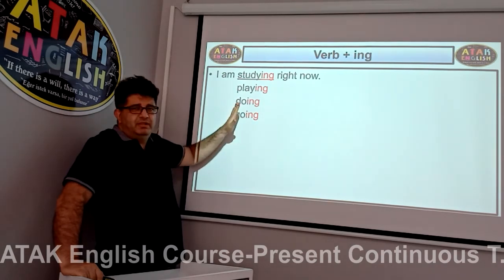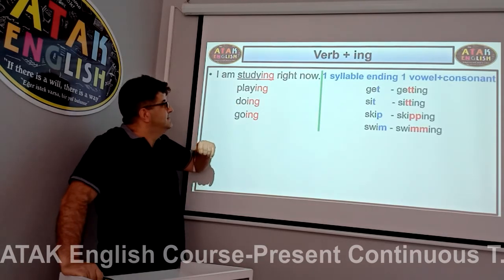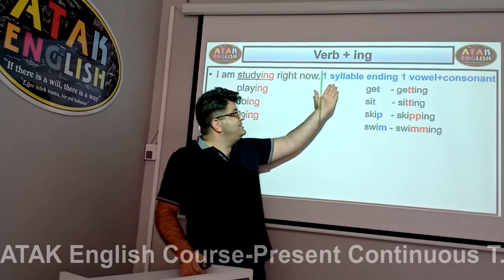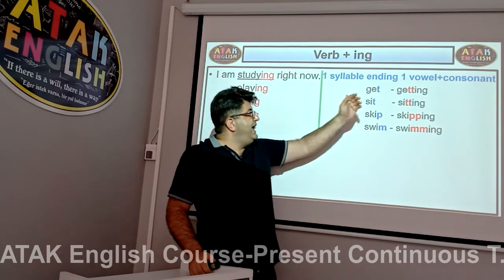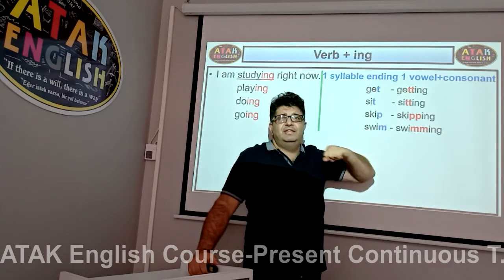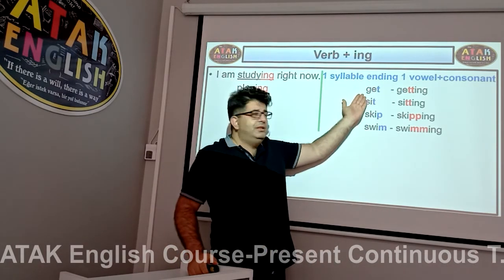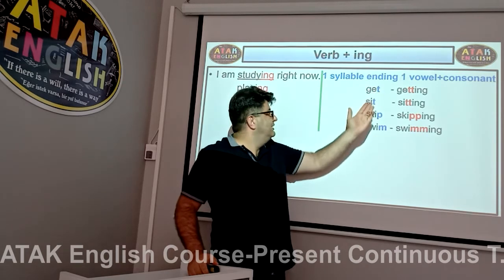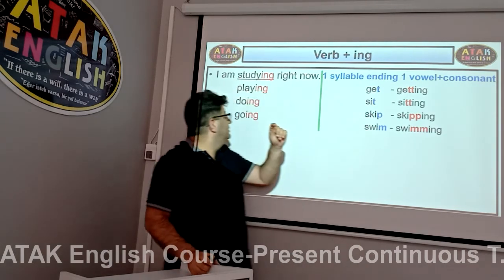Basic, simple. Okay? But one syllable words, and then one vowel plus consonant at the end. What does that mean? How many syllables? Get, sit, skip, swim. Just one syllable.